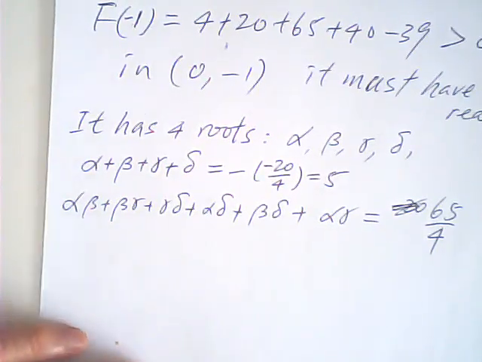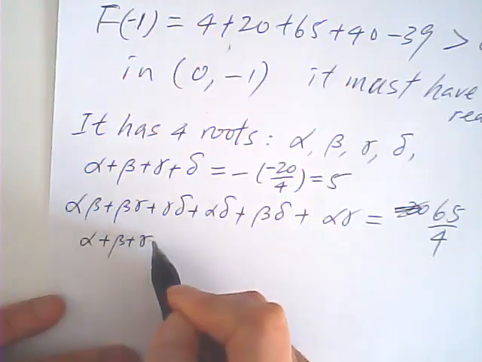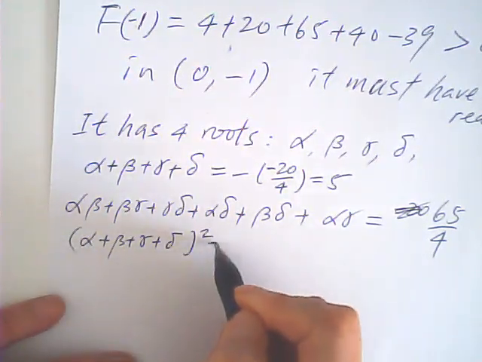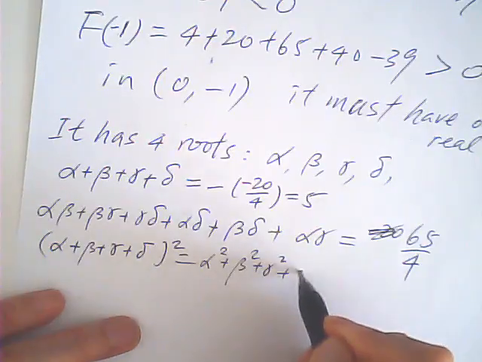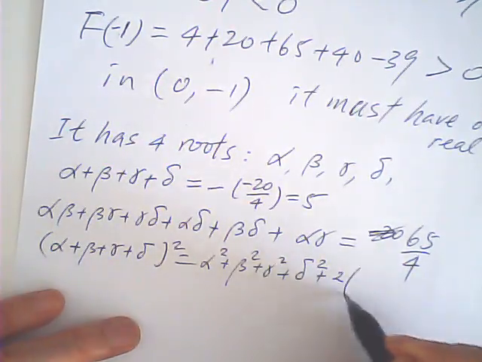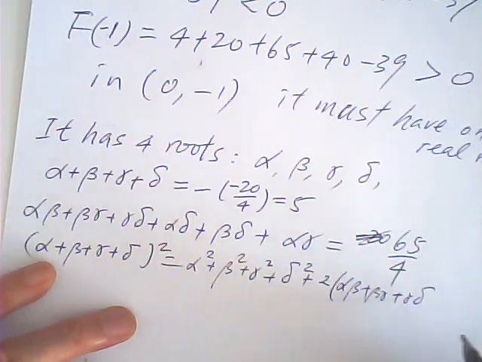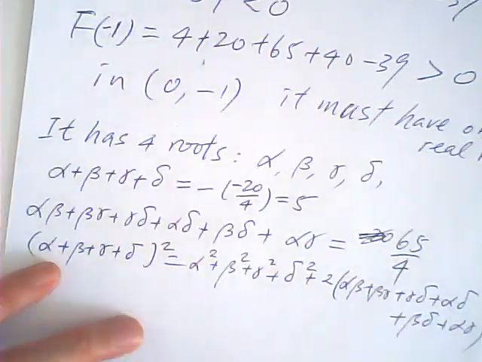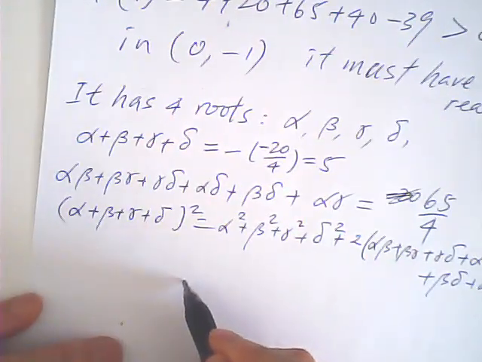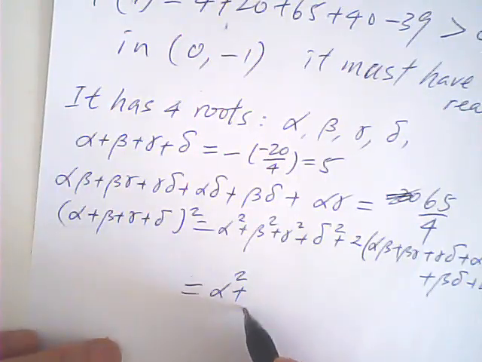Then alpha plus beta plus gamma plus delta, all squared, is equal to alpha squared plus beta squared plus gamma squared plus delta squared plus twice the sum alpha beta plus beta gamma plus gamma delta plus alpha delta plus beta delta plus alpha gamma.